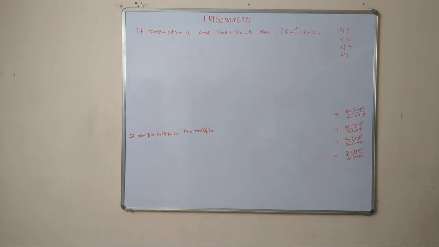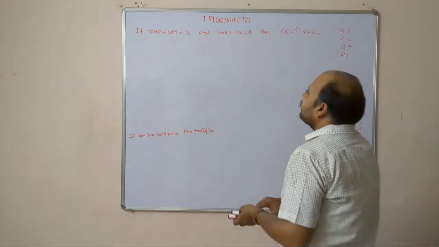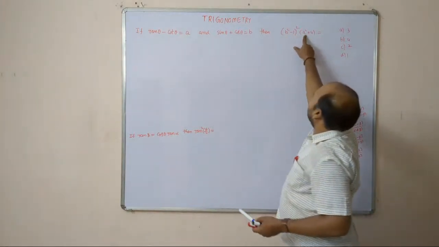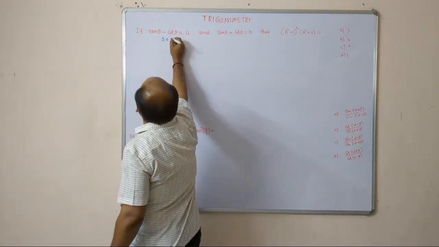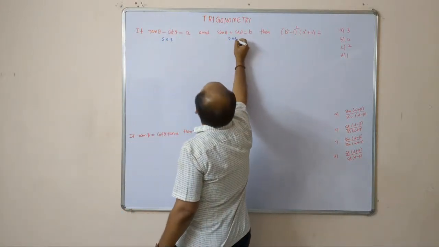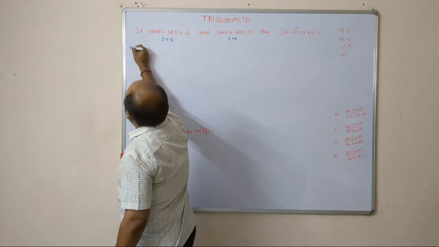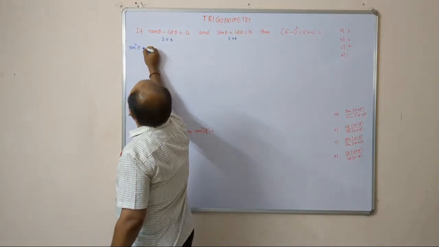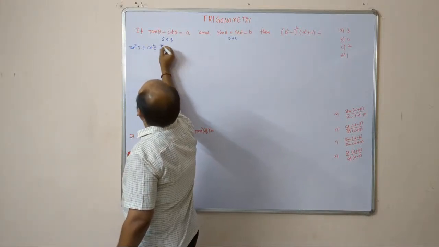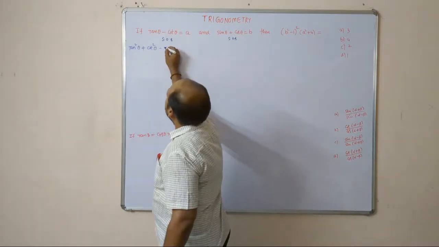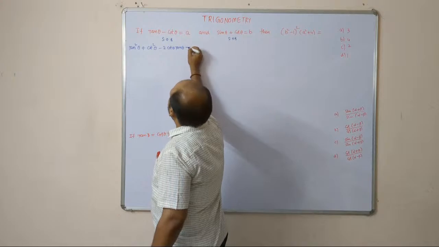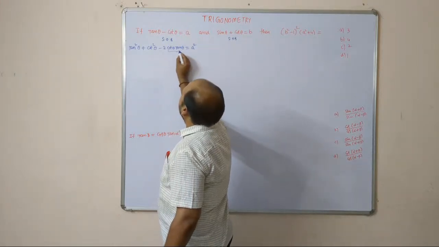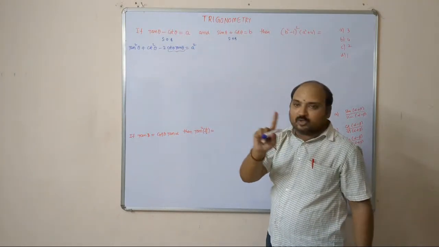So the first one we will do, dear students. Here A square and B square are required. We need to square on both sides. So if you do that squaring, tan square theta plus cot square theta minus 2 cot theta tan theta is equal to A square. Tan theta and cot theta are reciprocals, so the value is 1.